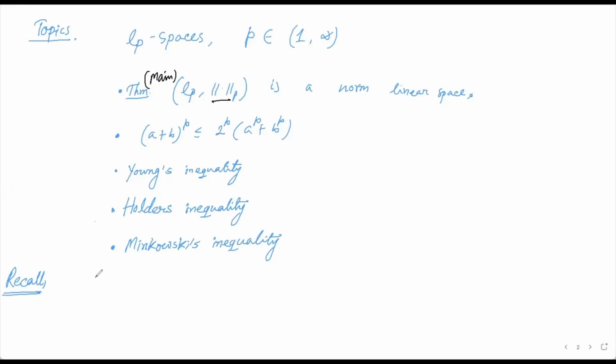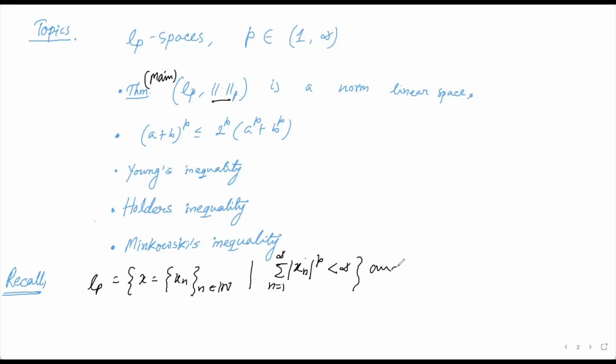So recall, what is L^p? L^p is the set of all real sequences x = (x_n), x_n belongs to R, n belongs to the set of all naturals, such that the summation of |x_n| to the power p, summation over n equal to 1 to infinity, is finite. So this is L^p, and what is the function?